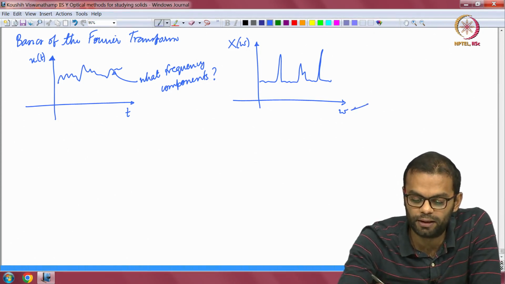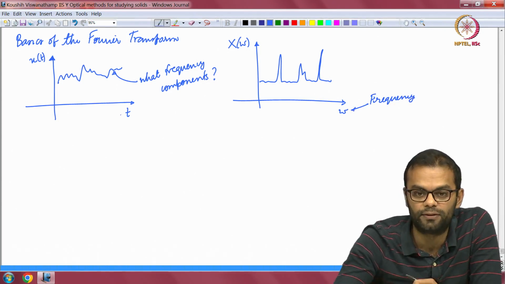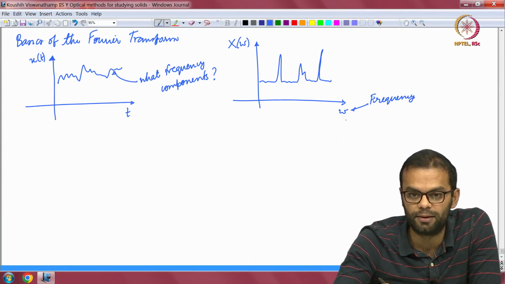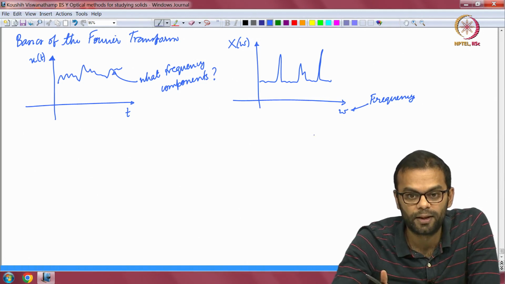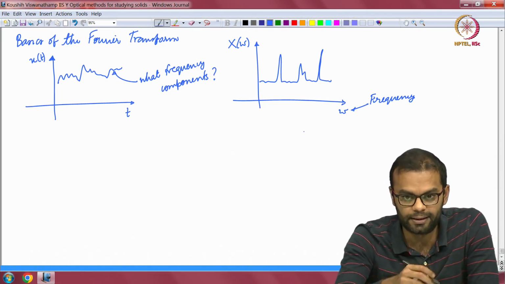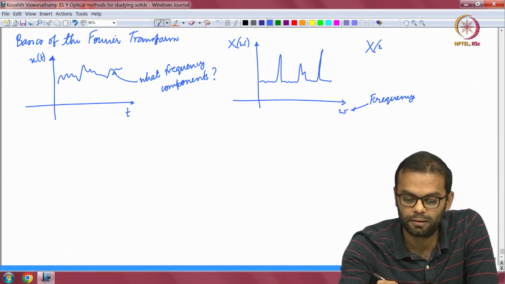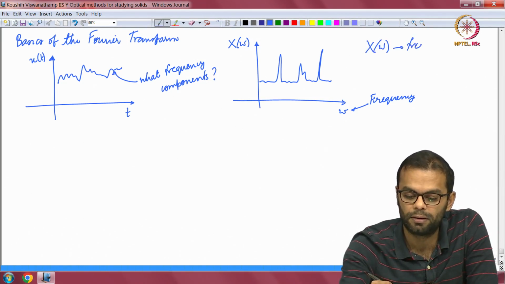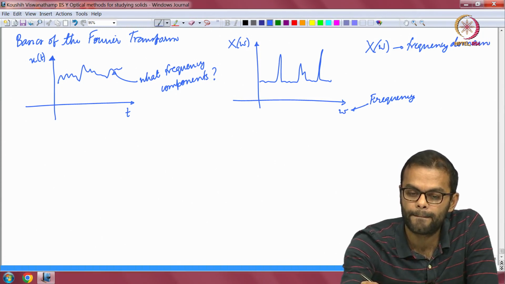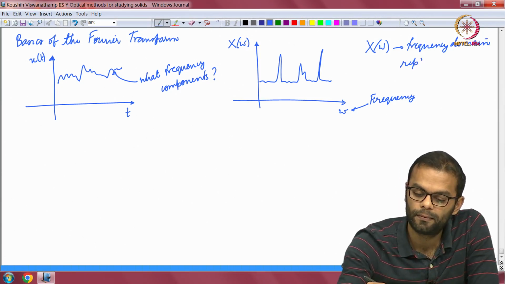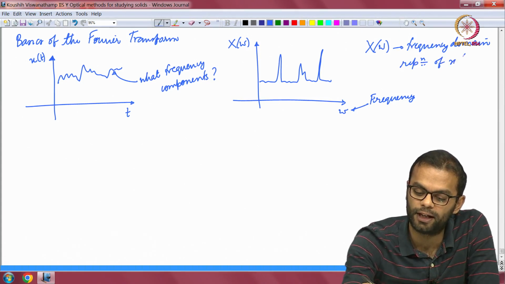So this omega is frequency. So if t has units of seconds, then omega has units of 1 by second or hertz, and X is the frequency domain representation of x, small x.